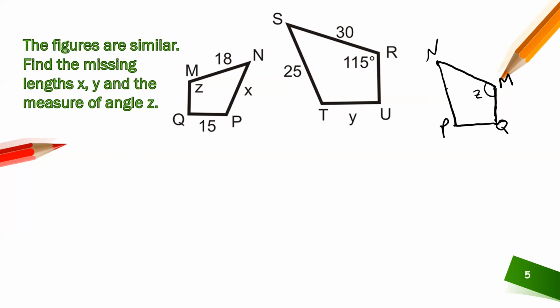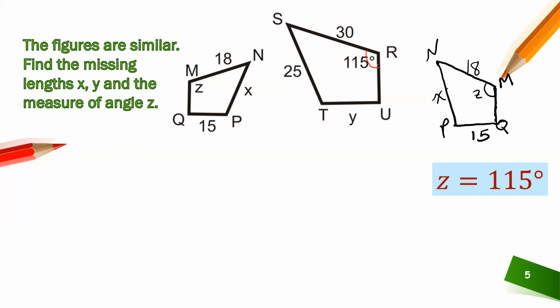Then I'm going to label NM is 18, and NP is 6, PQ is 15, right? And then that missing angle Z is corresponding to this angle 115. And remember, since they are the same shape, the corresponding angles are the same. It's just the lengths of the sides that are proportional. So then Z, as we know, is 115 degrees as well.